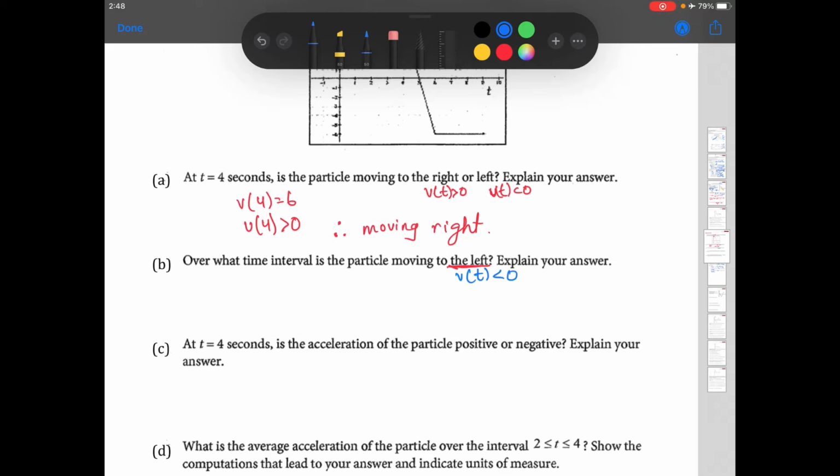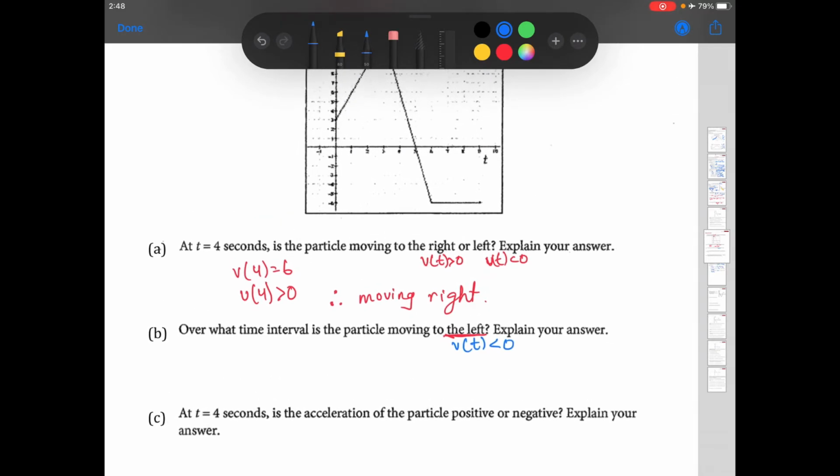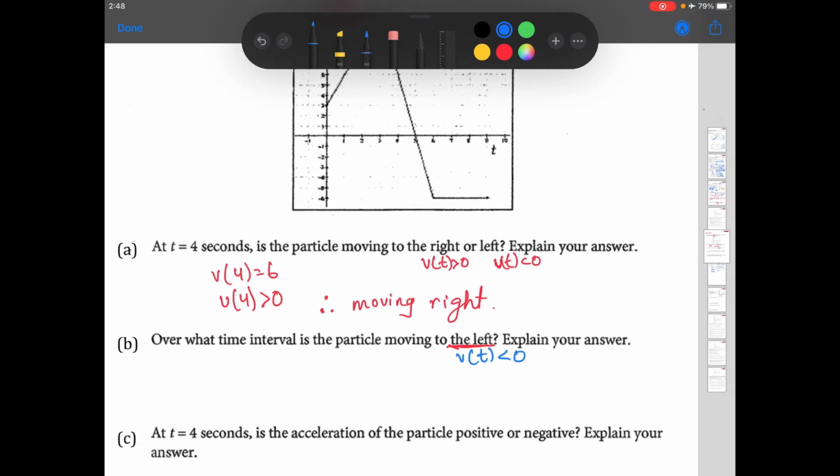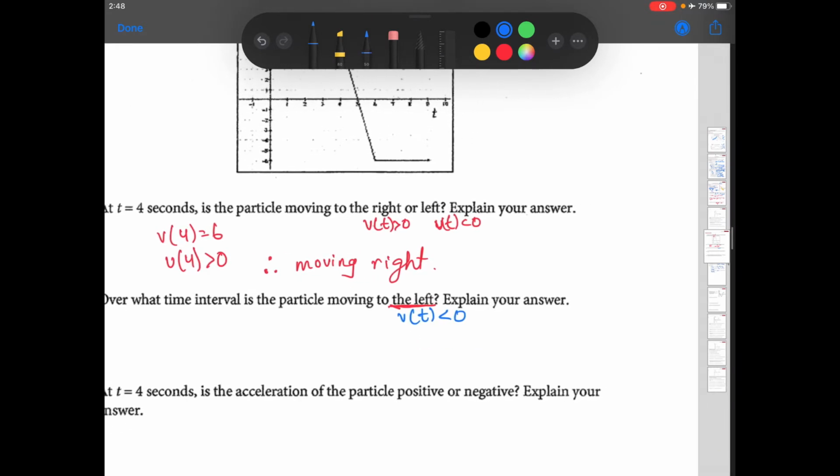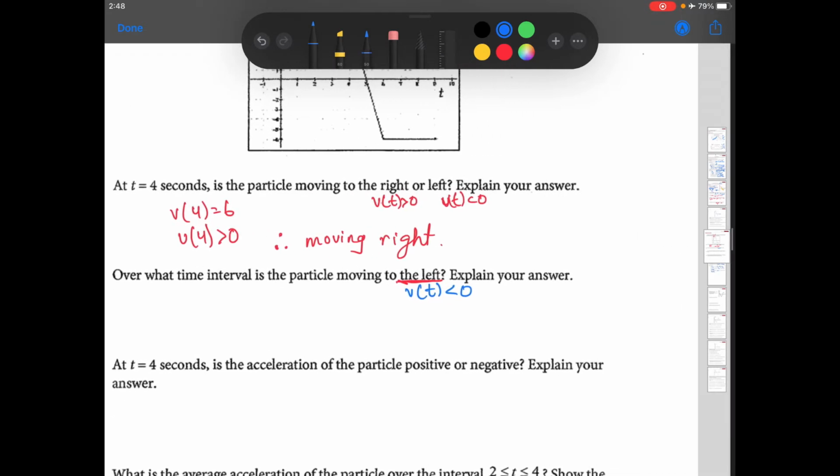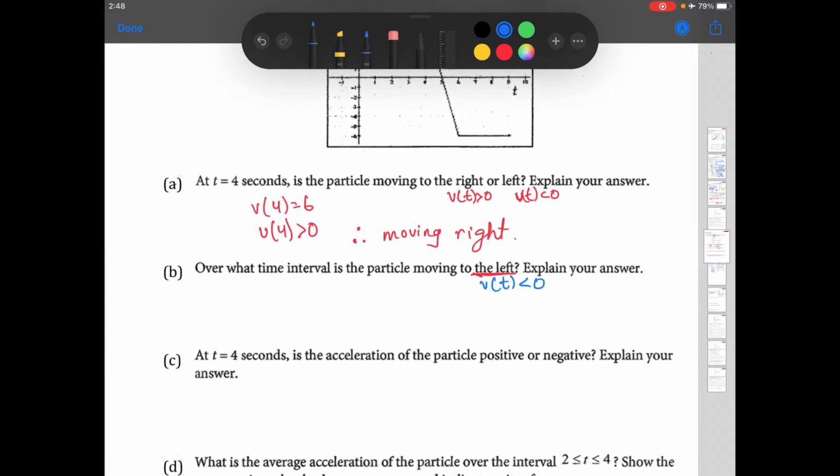So which would be what? From 5, if you can see it clearly, it is 5. You can just count it up. It's 5 to 9. So it is from 5 to 9, this interval, because this is where velocity is less than 0, right?